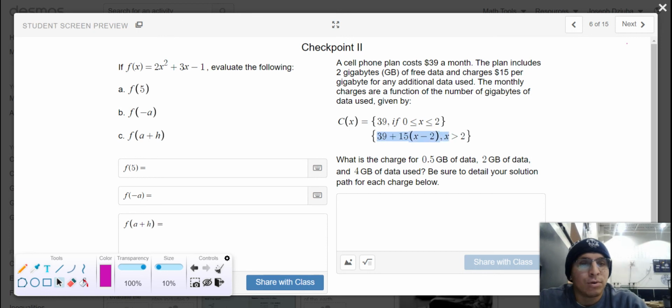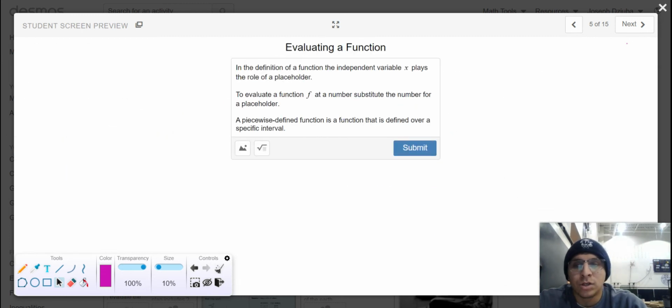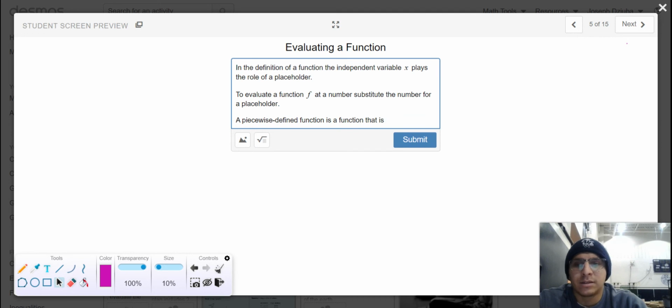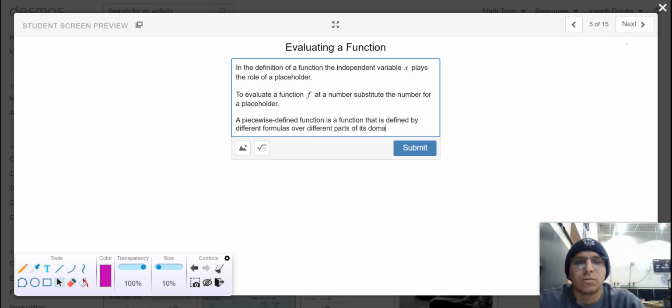If the input is greater than 2, then the function is behaving in a linear fashion as 39 plus 15 times the quantity x minus 2. So remember, a piecewise function is a function that is defined by different formulas over different parts of its domain. A little bit more clear.